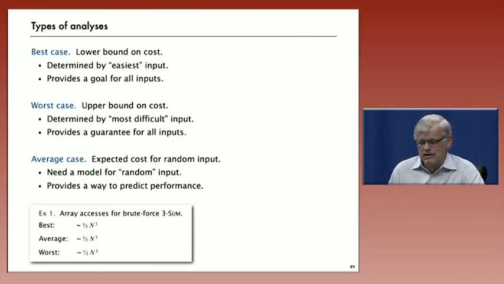So, for example, for three-sum, it's kind of always the same. With the tilde notation, the only variability in that algorithm is the number of times the counter is incremented, and that's in low-order terms, so it doesn't even show up in our analysis.